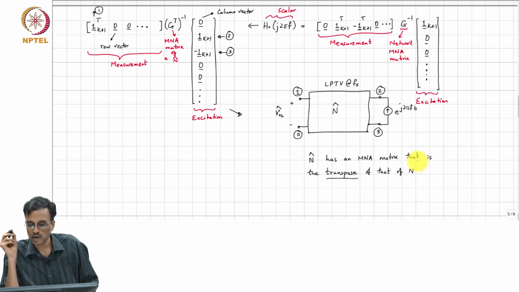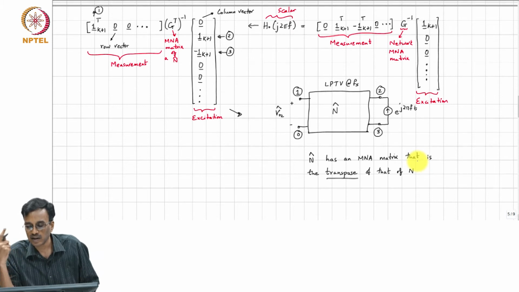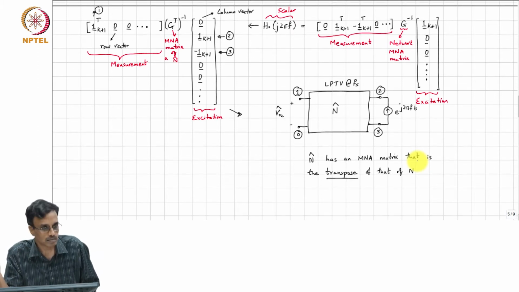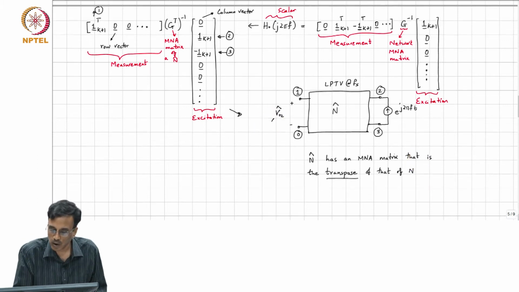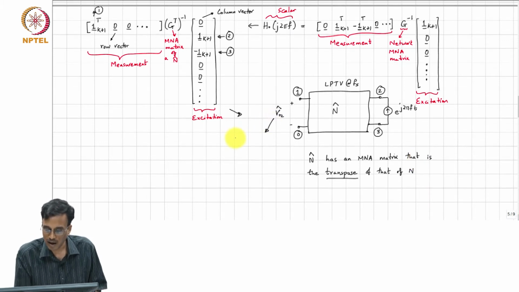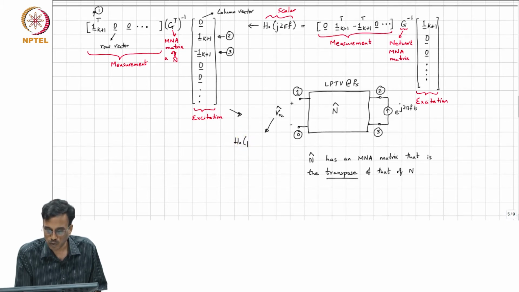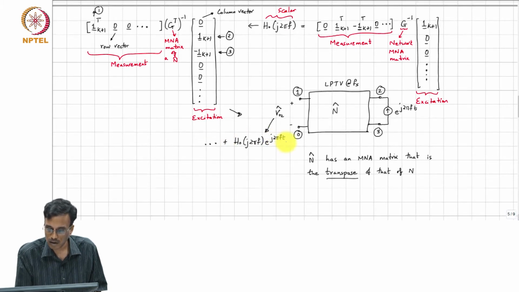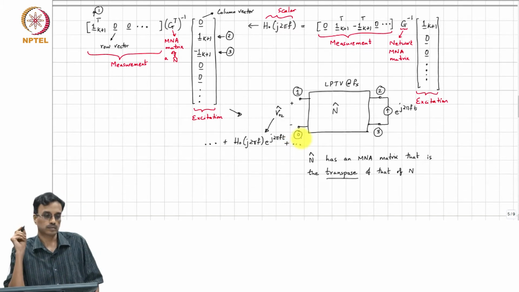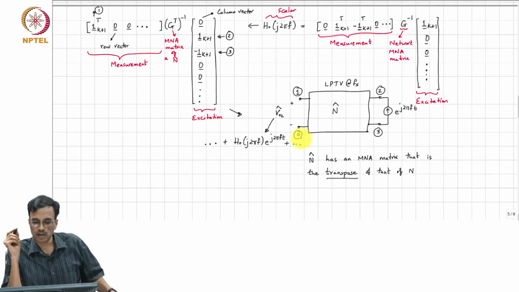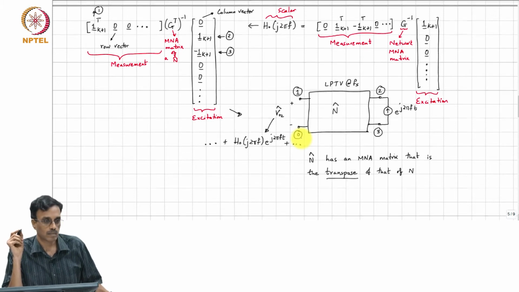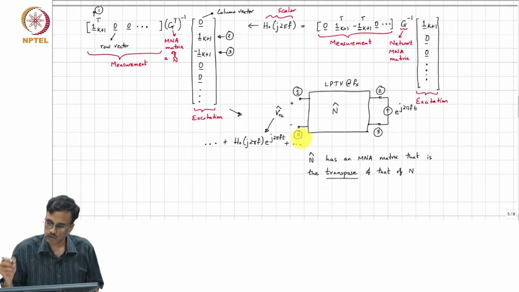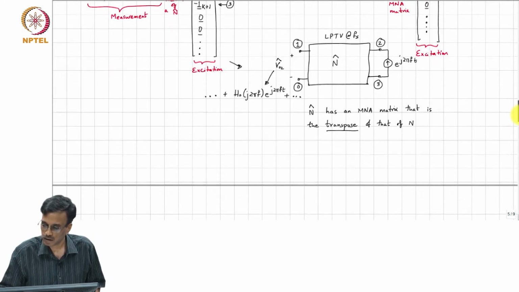And therefore, if you take such a network and you excite its output port by a current, then this VO2 hat will have H 0 of j 2 pi f times e to the j 2 pi f t plus blah blah blah. Does it make sense? All right.